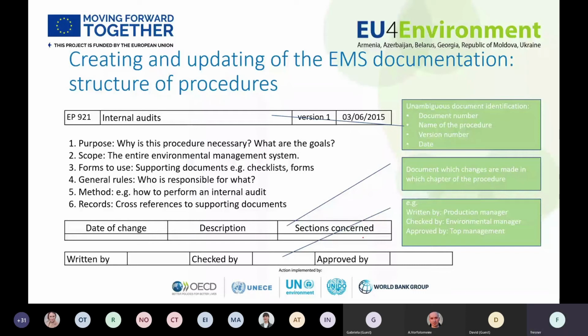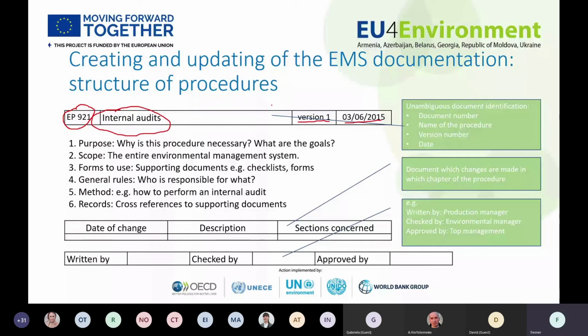So they need to be clearly identified, for example, by a number or a clear title. And they need also other elements like the date when they are drafted, the version number, because they will be adapted and it needs to be clear what version we are talking about.